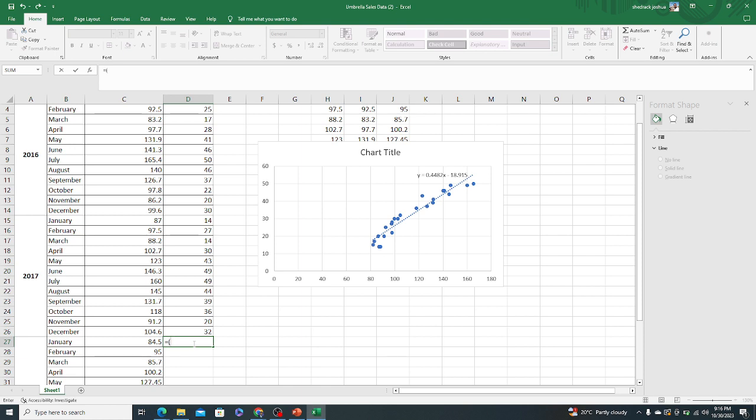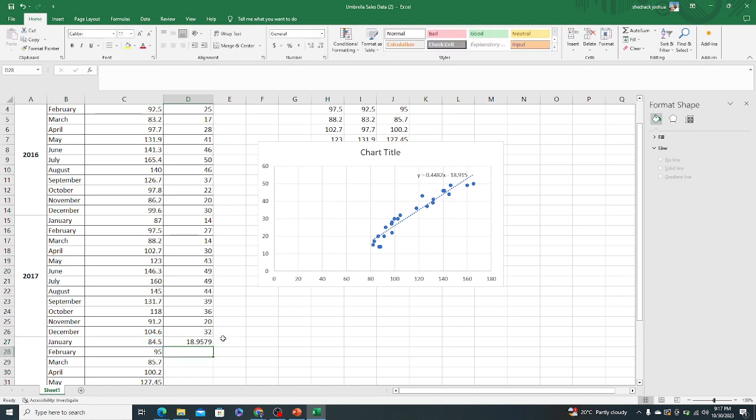So in this case you'll take your model here, which is 0.4482, okay, multiply by now our x value, minus 18.915.